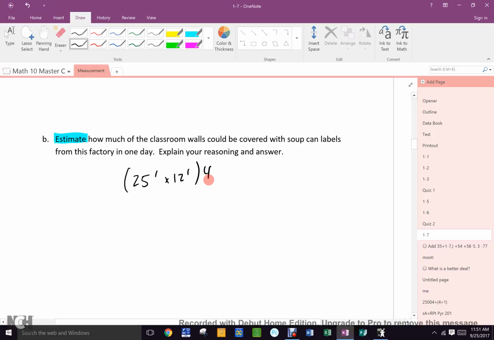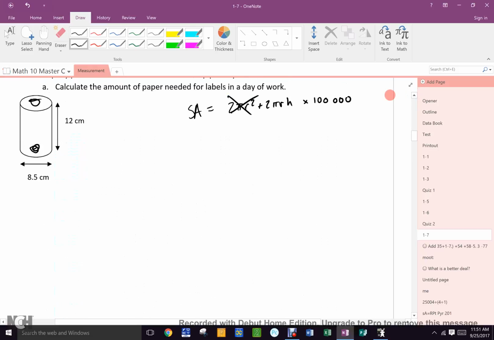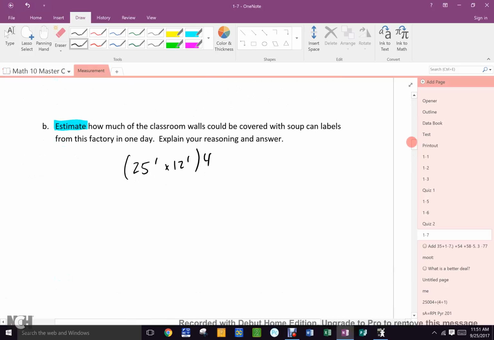But there's a problem with that because the paper was in what units? The paper was in metric, yeah? So what you needed to do was get these into centimeters as well, right? So if you changed 25 feet and 12 feet to centimeters, you would have known what to do. You remembered that 30.48 centimeters equals 1 foot.